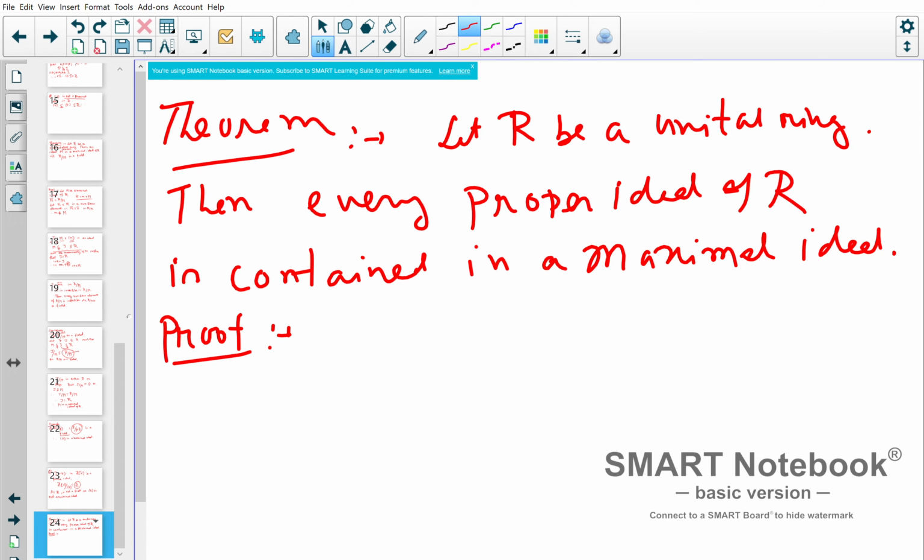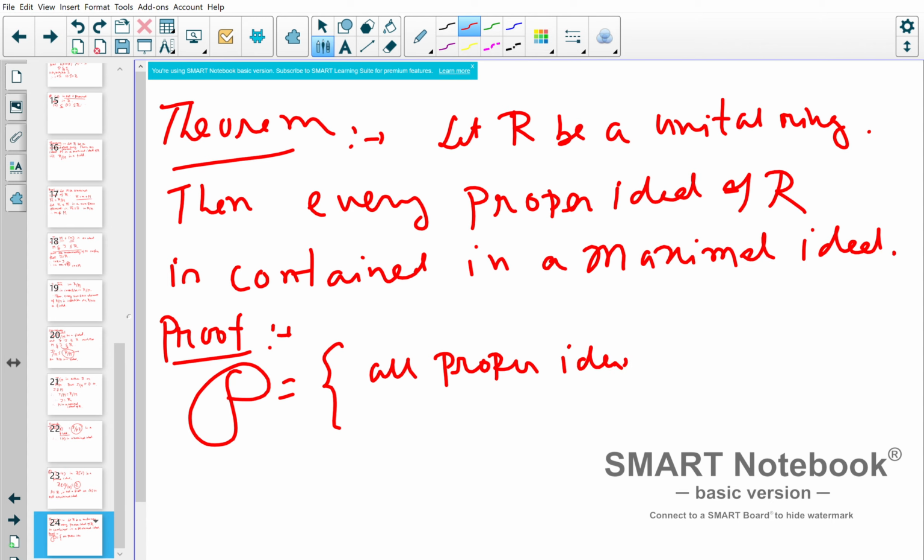So let me find it. It's a collection of all proper ideals of R containing, so let's start with the ideal.